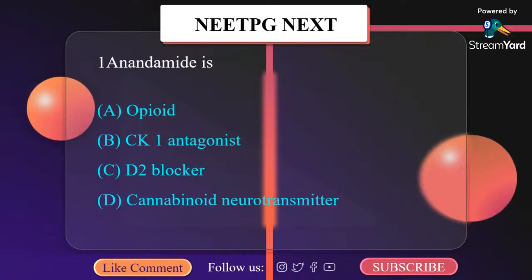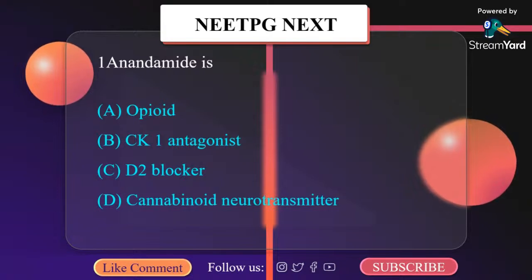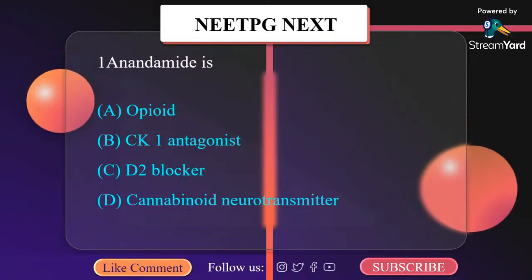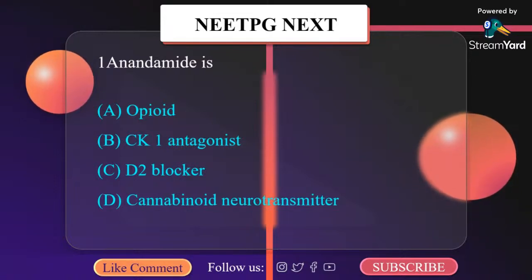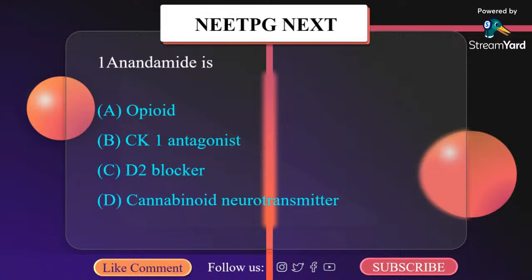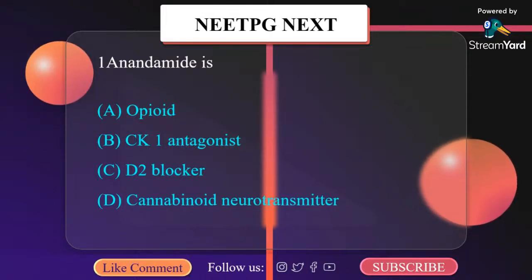Anandamide is also known as N-arachidonoylethanolamine or AEA. It is an endogenous cannabinoid neurotransmitter. The name is taken from the Sanskrit word ananda, which means bliss or delight, and amide.